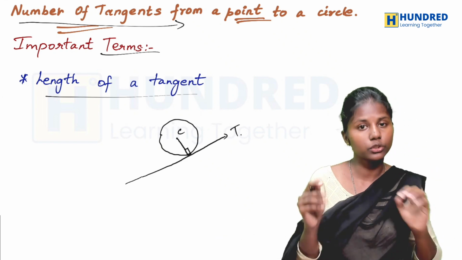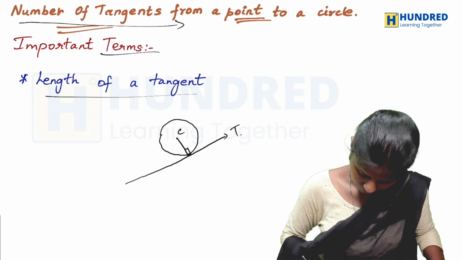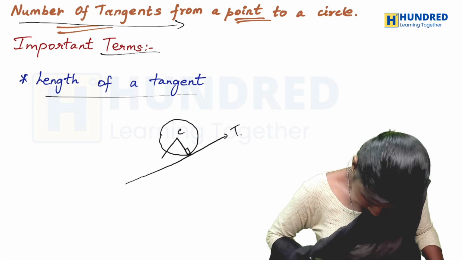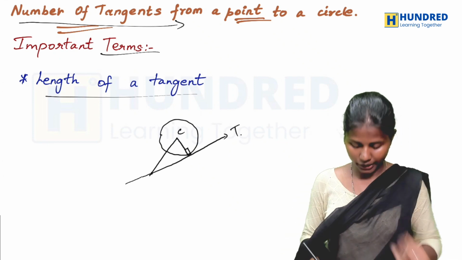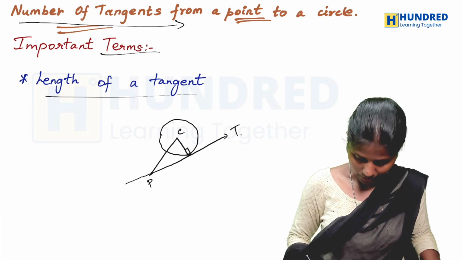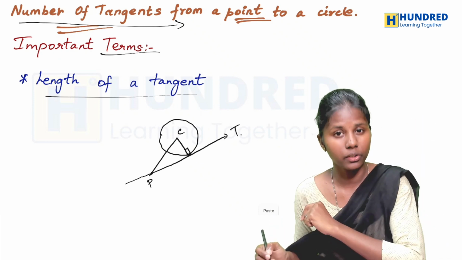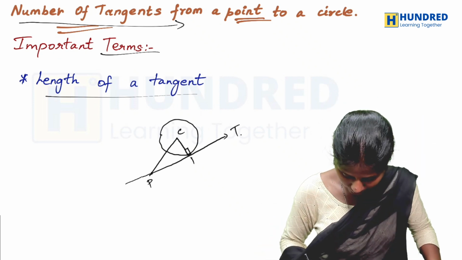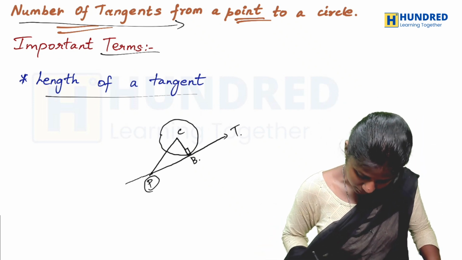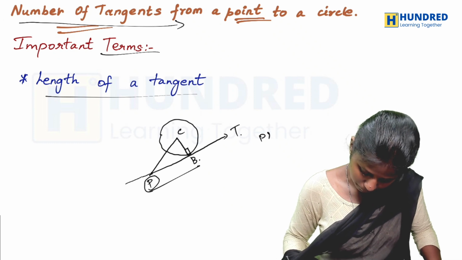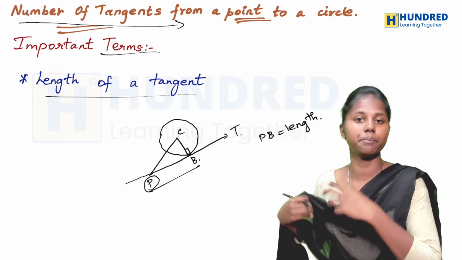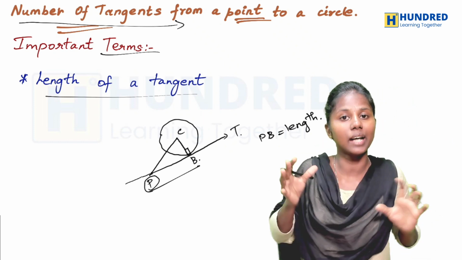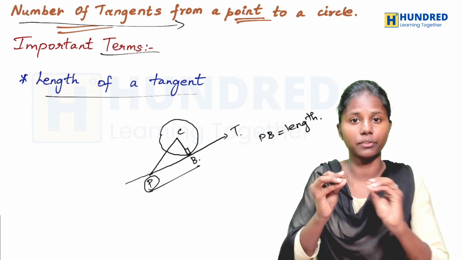And I'm going to draw a line which intersects the tangent at a point called P. And from the center I'm drawing a perpendicular line meeting at B. This distance PB is equal to the length. We call the length PB. You got it? That is how we get the length of a tangent.